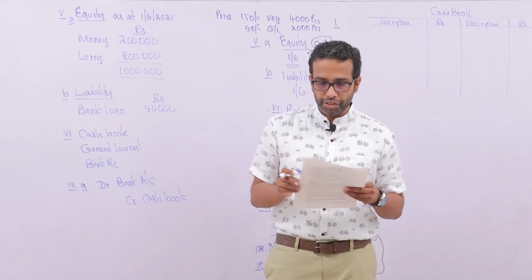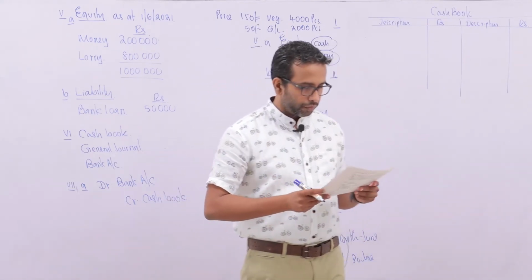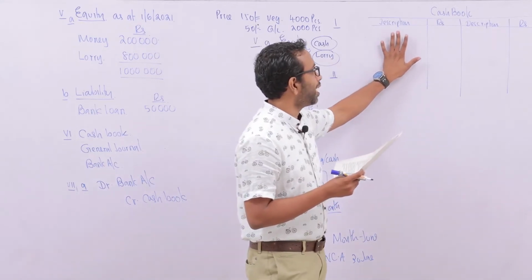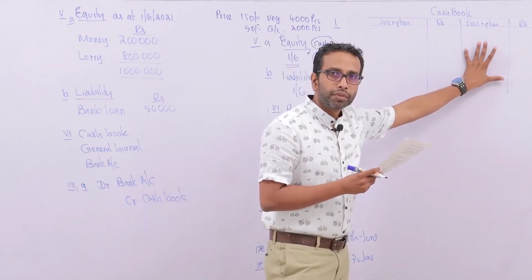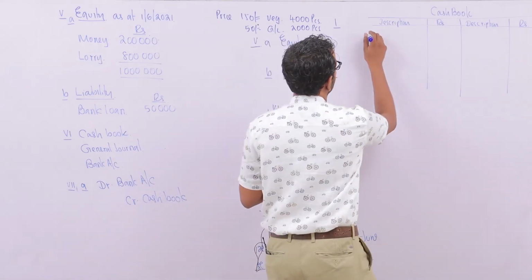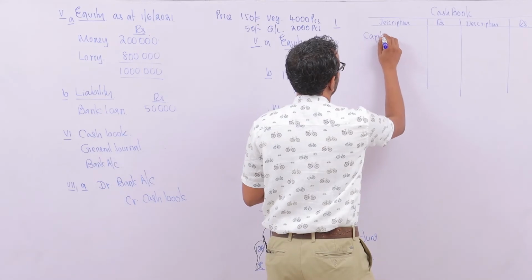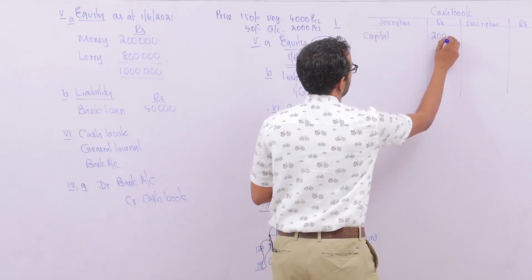Clear? Remember for the cash book, all cash coming in goes on this side and all cash payments on this side. Understood? The first thing, cash coming in, is capital. How much is the capital? 200,000.